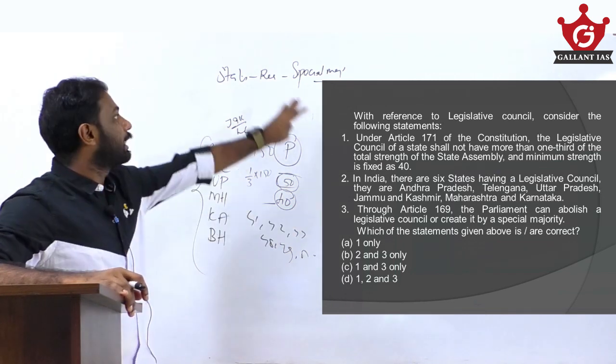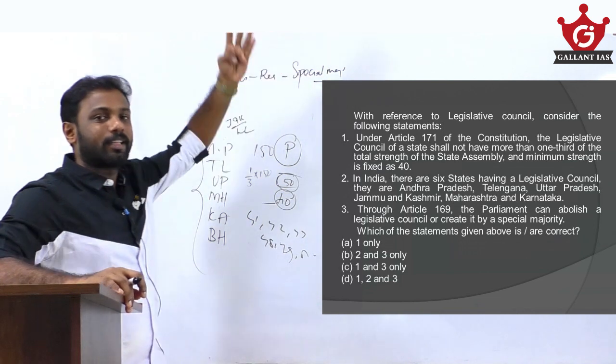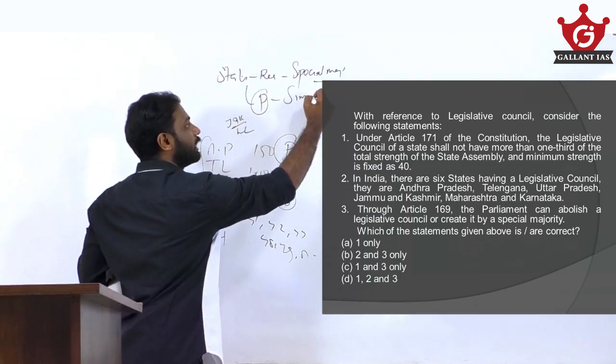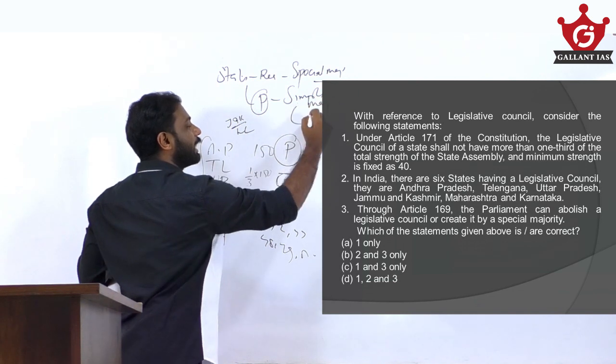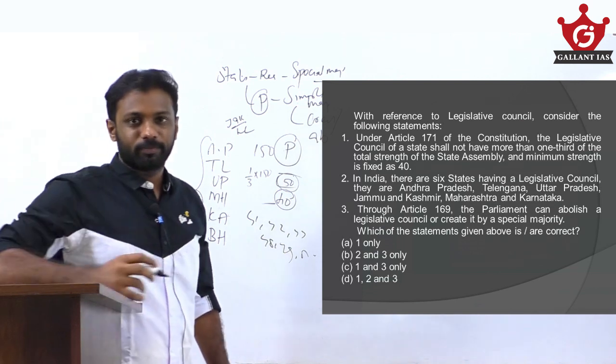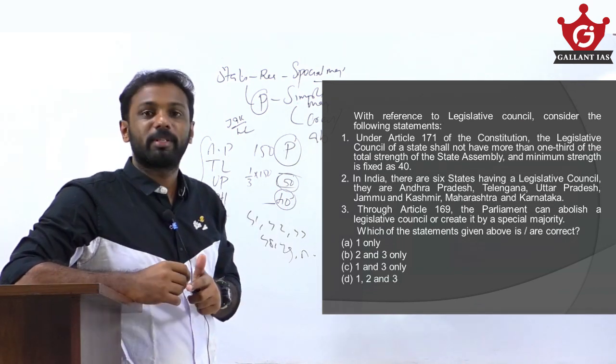Based on that, the resolution is sent to the Centre, and then Parliament by a simple majority creates or abolishes the legislative council. So the state needs to do it by a special majority, but Parliament can do it by a simple majority alone.